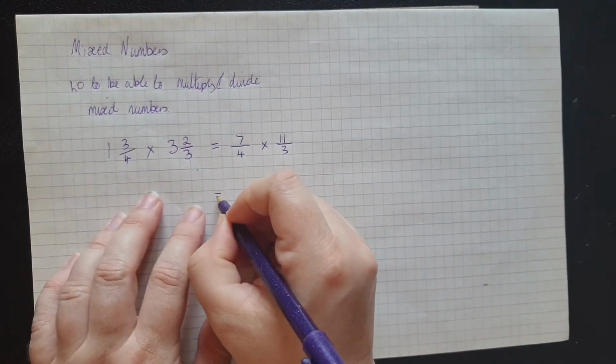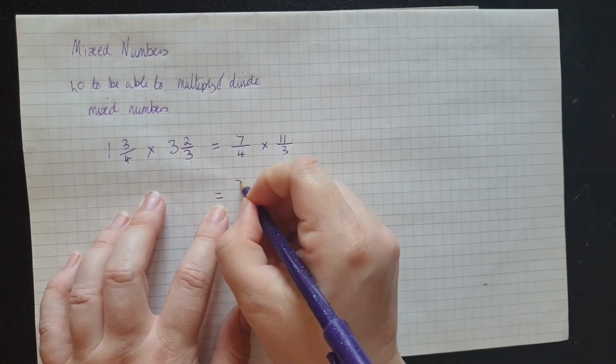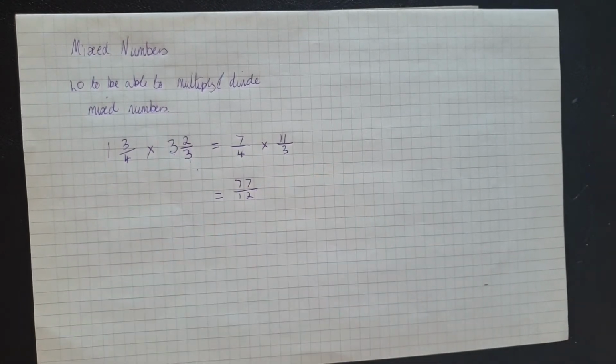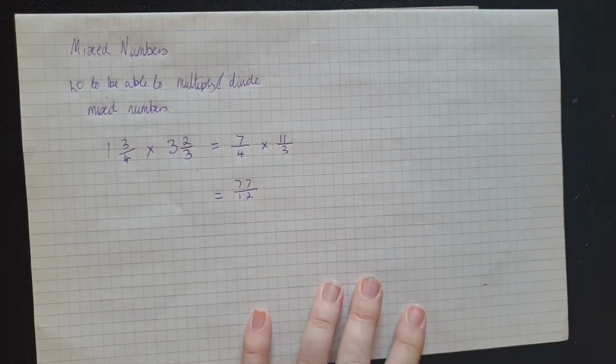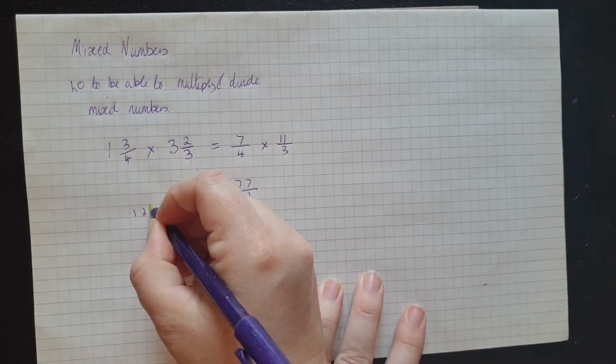You are then just going to multiply through. 7 times 11 is 77. 4 times 3 is 12. Again, I don't know how many 12s are in 77 without doing conversion, so I'm going to do a little jotting.